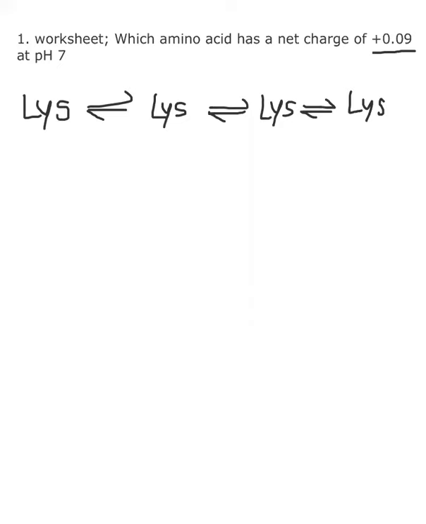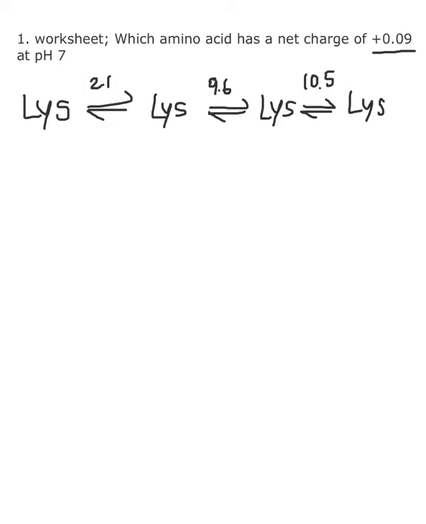Lysine has three different pKa values. The first one is the pKa of the carboxylic group, which is 2.1, and the second one, 9.6, is the pKa of the alpha amino group. The last one, 10.5, is the pKa of the side chain of lysine.